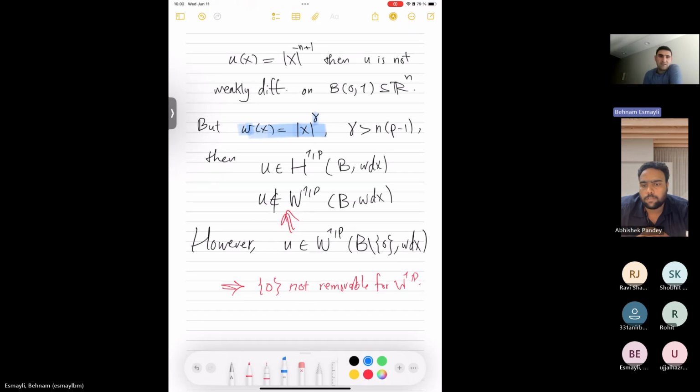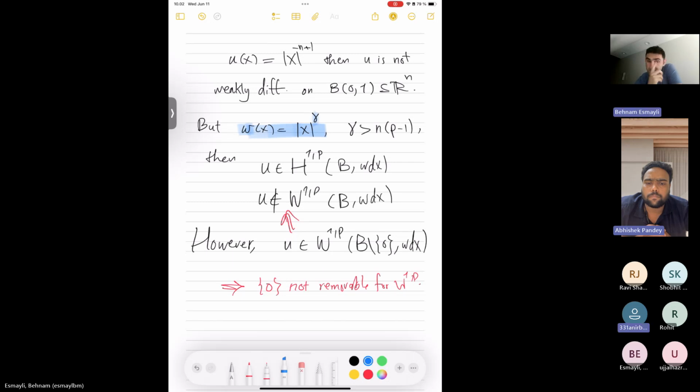And this basically says that the study of the removability for W1P is, I want to say, meaningless. Let's say it's delicate. I see. So it seems that the only hope is to now categorize which subsets of W1P can be removable, or something like that.